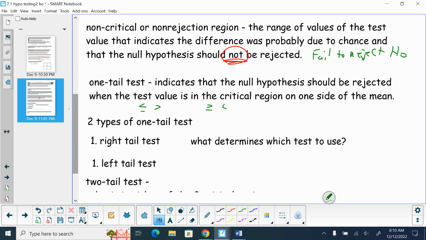You can have a right tail or left tail. What will determine which test you use is your alternate hypothesis.